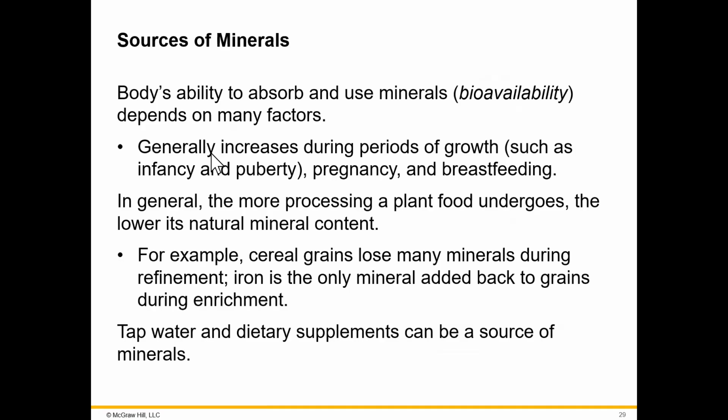The need for minerals increases during growth aspects of life, such as infancy, puberty, pregnancy, breastfeeding, that kind of thing. And we get, like I said, minerals through our food that we eat.